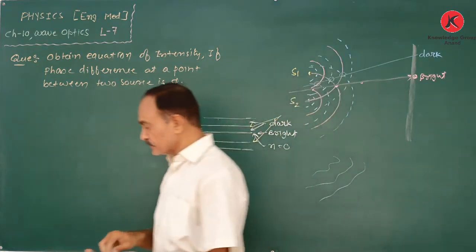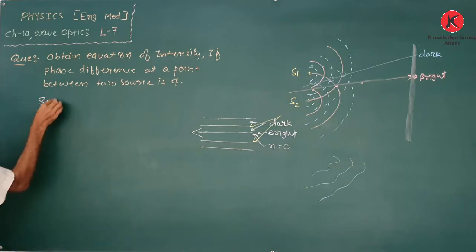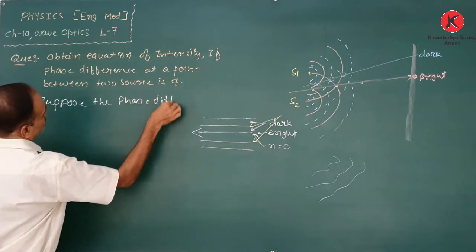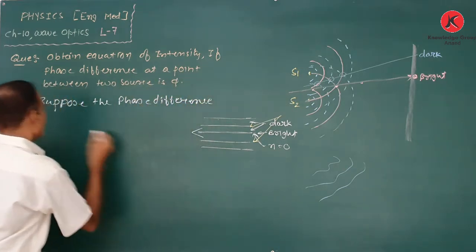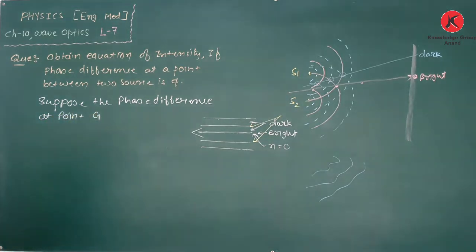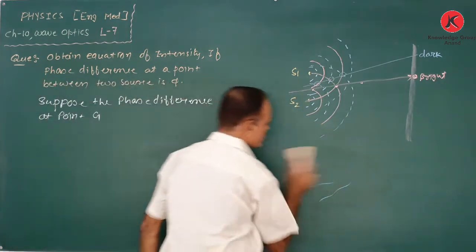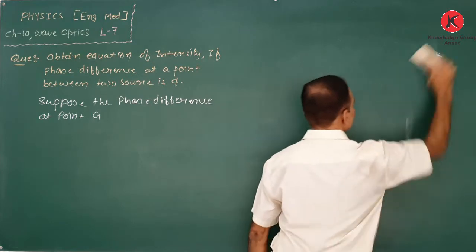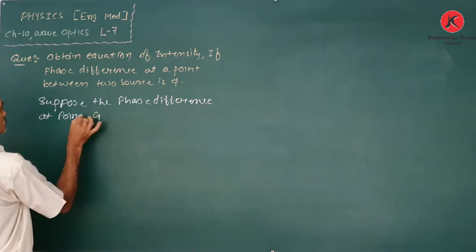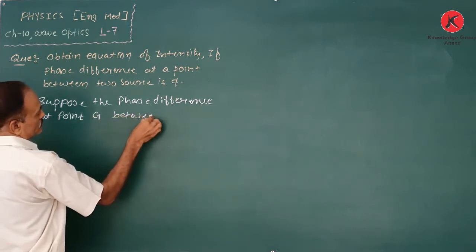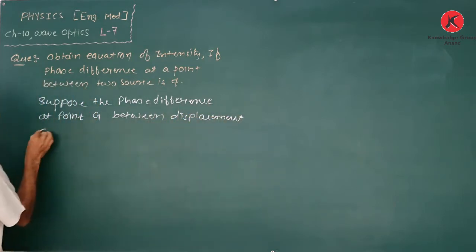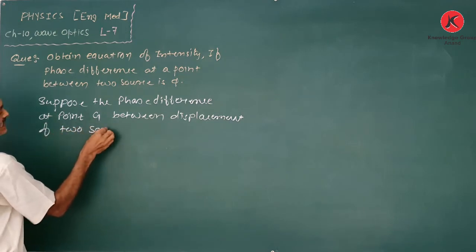For that purpose, we assume that the phase difference at point P between the displacements of the two sources is phi.